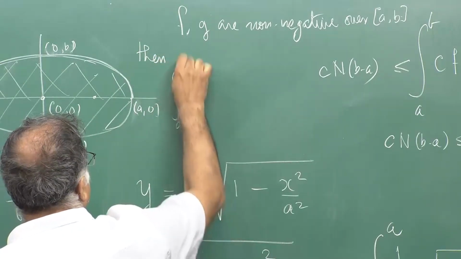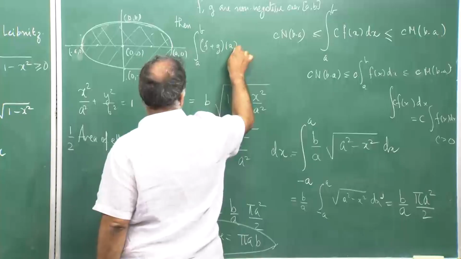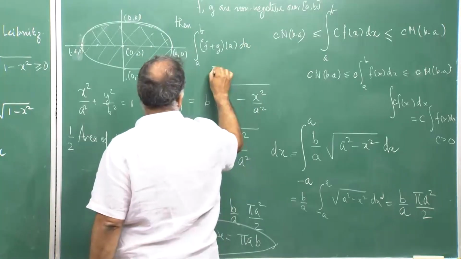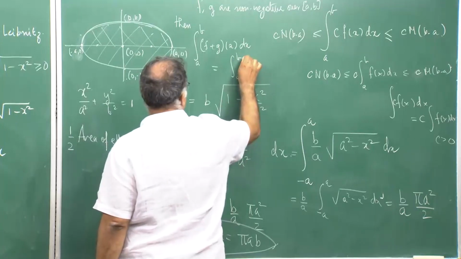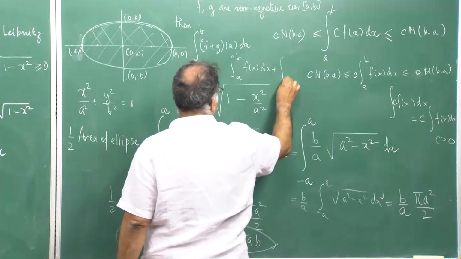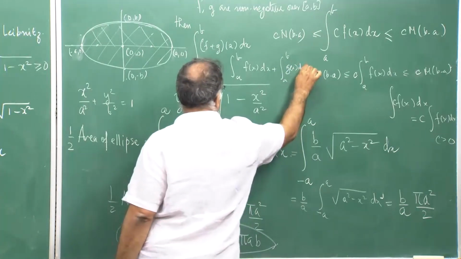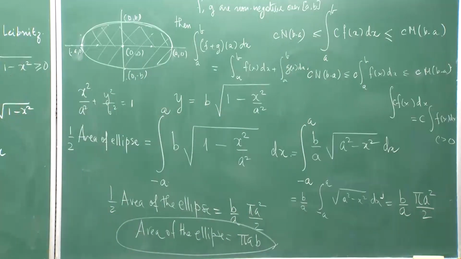integral a to b of f plus g of x dx, that is f(x) plus g(x), is the same as separately evaluating the two integrals and adding them. So I would like you to prove this.